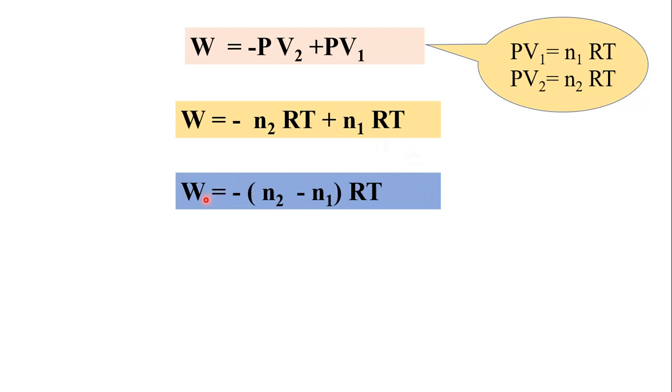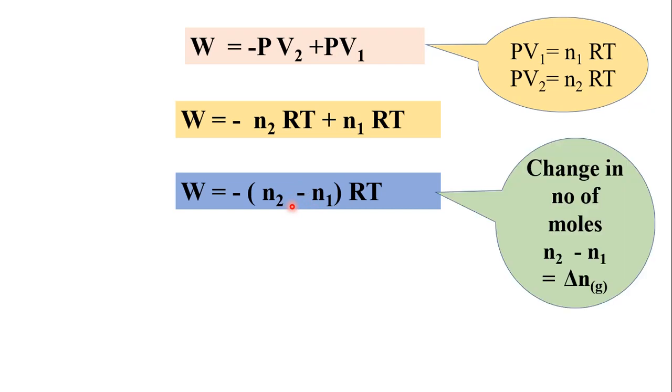That is, W is equal to minus (n2 minus n1) RT. Here n2 minus n1 is the change in number of moles of gaseous product and reactant, R is the gas constant and T is the temperature, which is constant here. So W is equal to minus (n2 minus n1), that is, the change in number of moles.